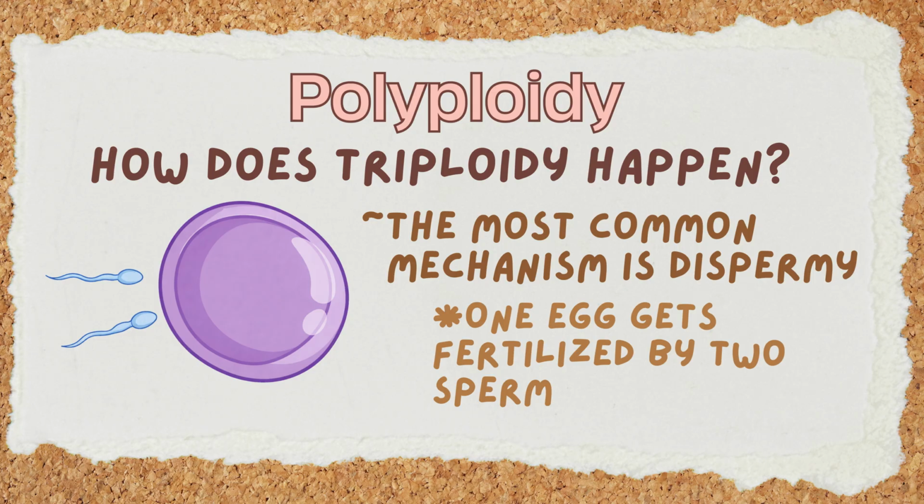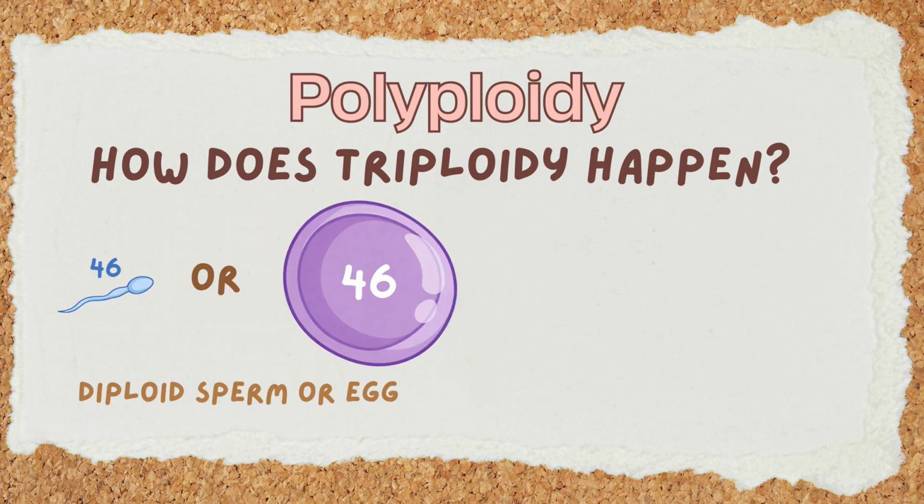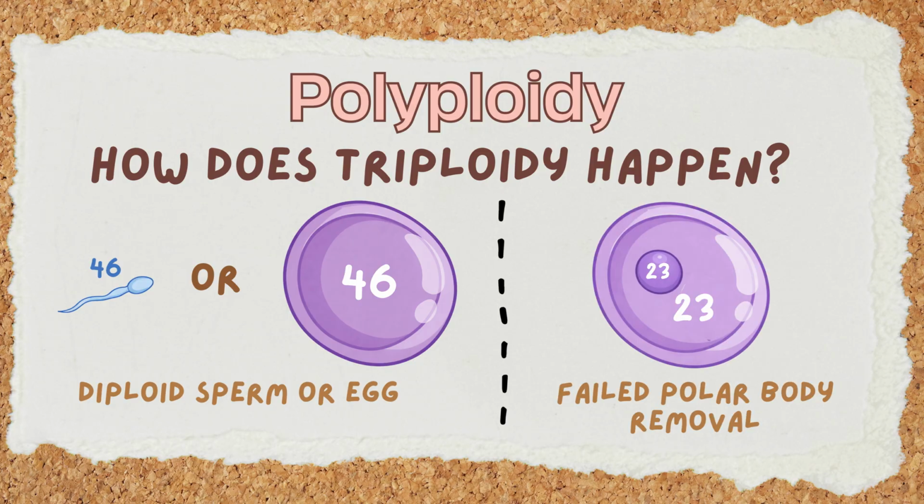So if each sperm brings 23 chromosomes and the one egg fertilized brings 23, you end up with a total of 69 chromosomes. Other mechanisms include a diploid sperm or egg due to meiotic error, or failure of the egg to properly discard extra chromosomes, like a polar body issue.